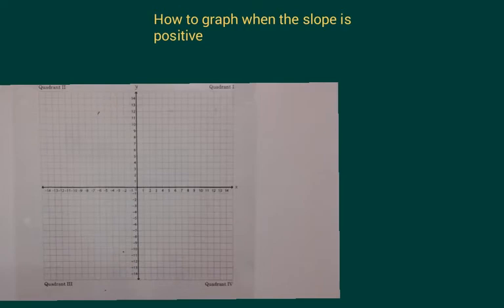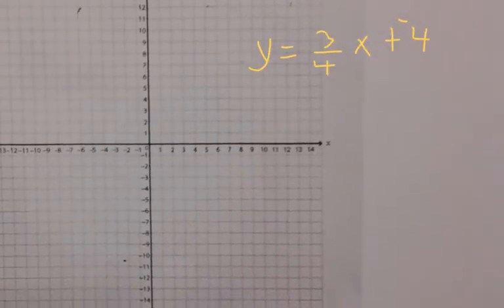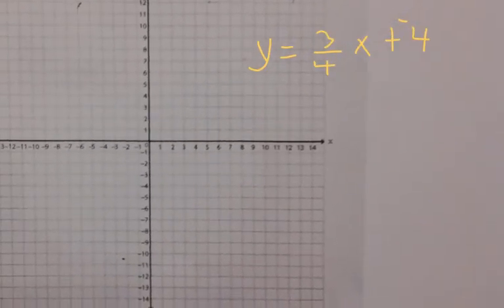So let's pick a pretty simple example of a positive slope. That would be something like y equals, I'm going to make a fraction actually, 3/4 x minus 4. And right away, we see we want to get the value for the y-intercept, so we're going to make this plus -4, which tells us that the y-intercept will be at -4, so right here.